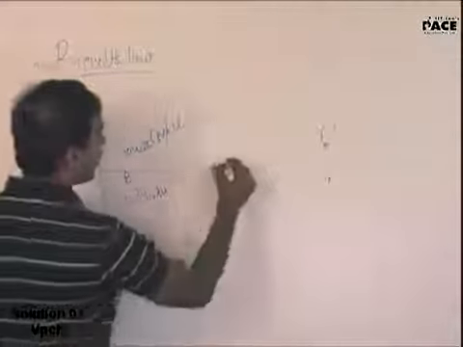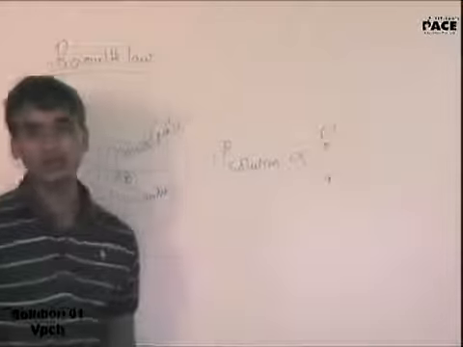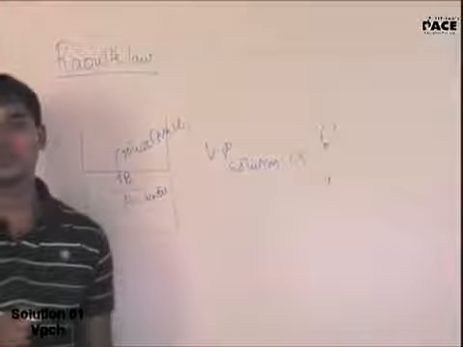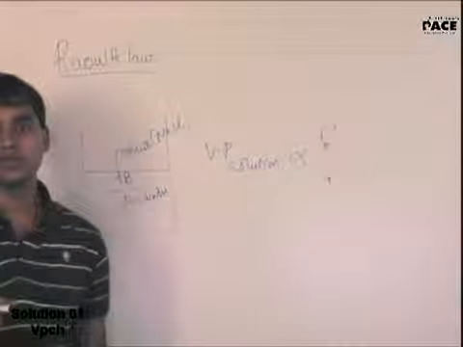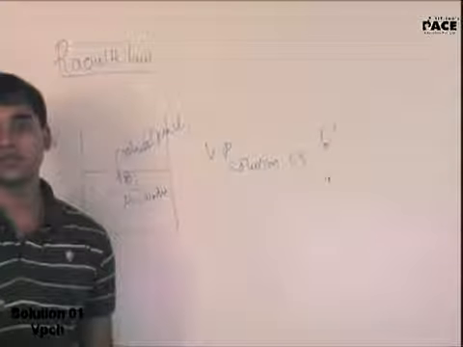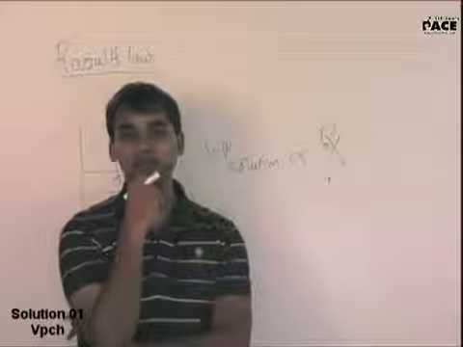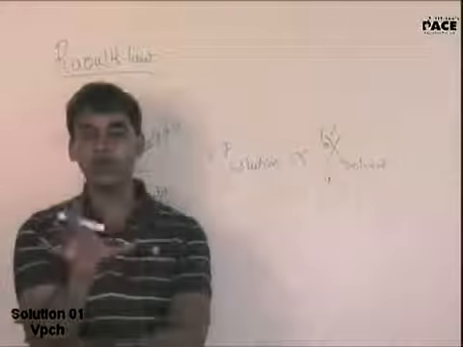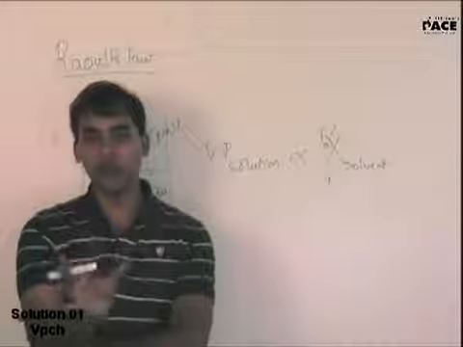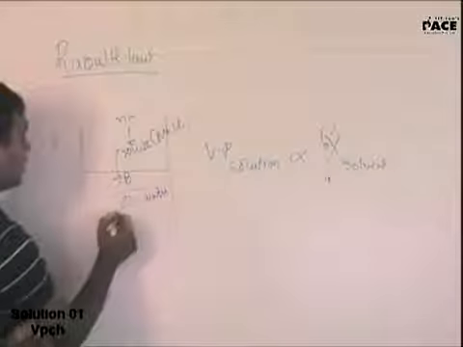So if I want to find out P solution, what can I say? It is proportional to the mole fraction of solute or solvent? X solvent or solute? Suppose I have Na moles of this and Nb moles of this.